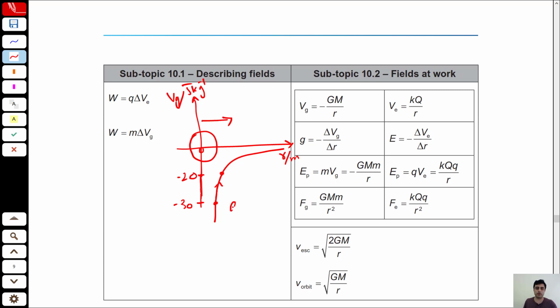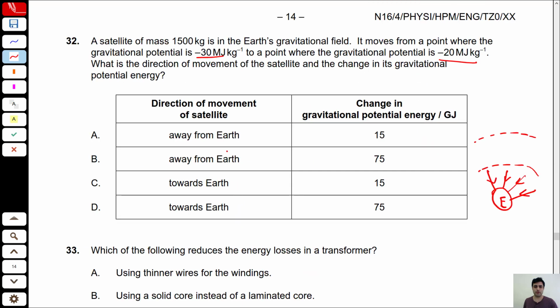In order to increase the gravitational potential, or gravitational potential energy, you actually have to move away from the earth. So ignore these two. This is the unit for gravitational potential.